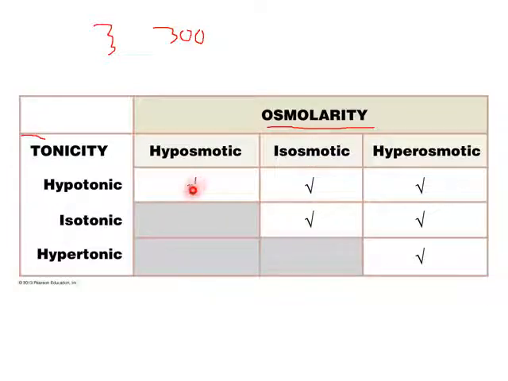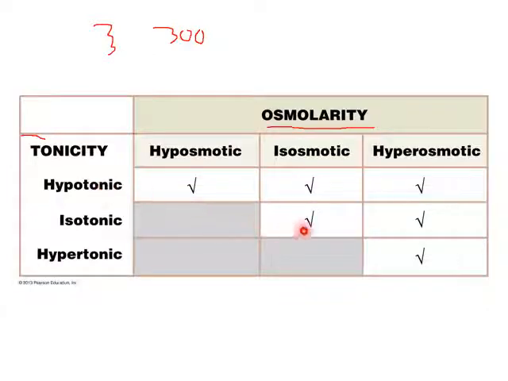So let's look up here at hypoosmotic solutions, solutions that are lower than 300, 200, 100 milliosmoles. They will always be hypotonic. In hypotonic solutions, they will increase water into the cells. They will swell the cells.